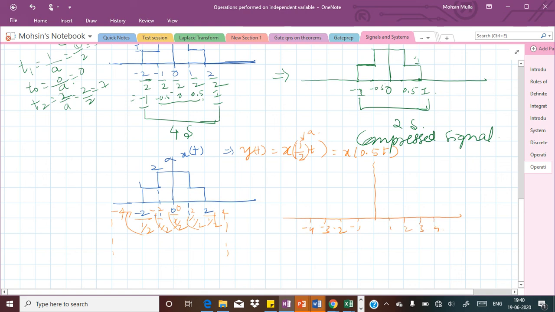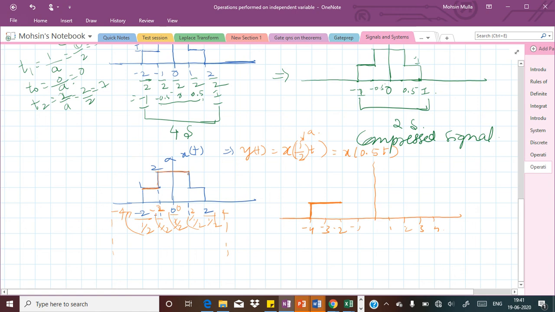Now let us try to draw the magnitude here. It will be 0 before minus 4 and it will start only after minus 4. From minus 4 to minus 2, what is the magnitude of the signal?